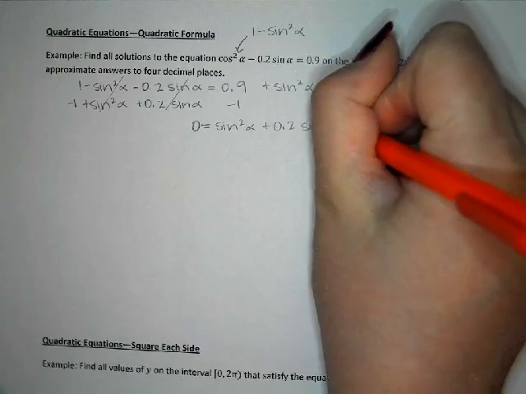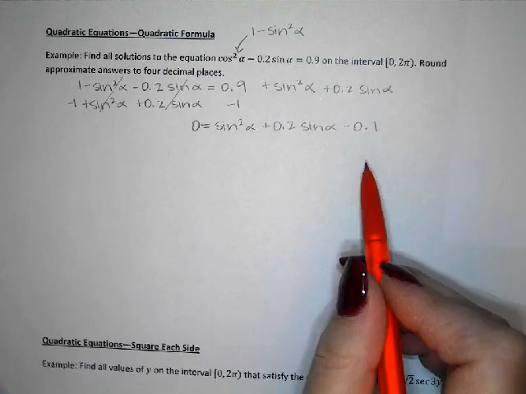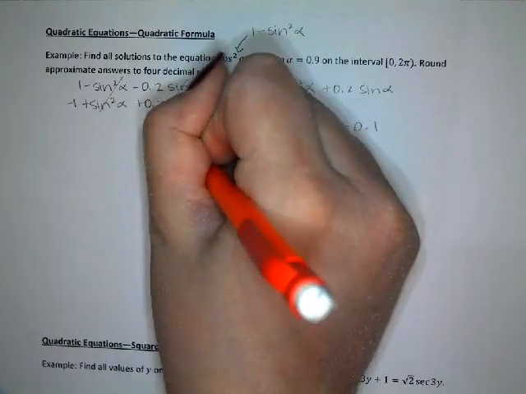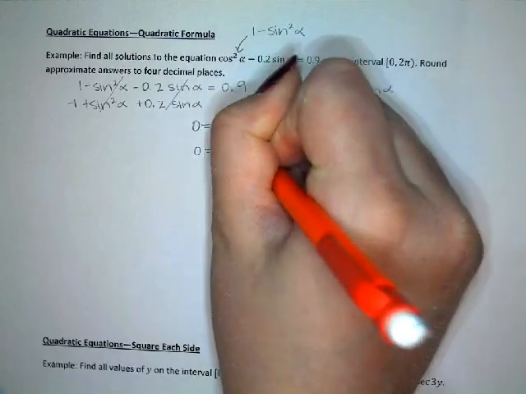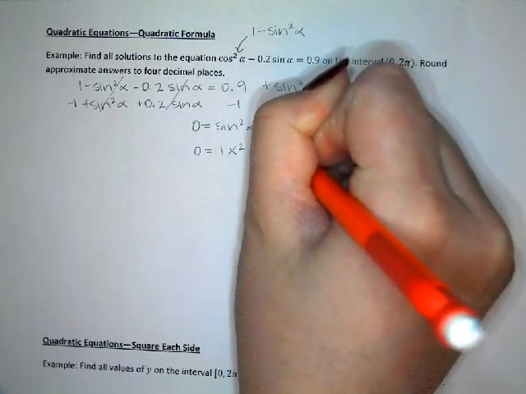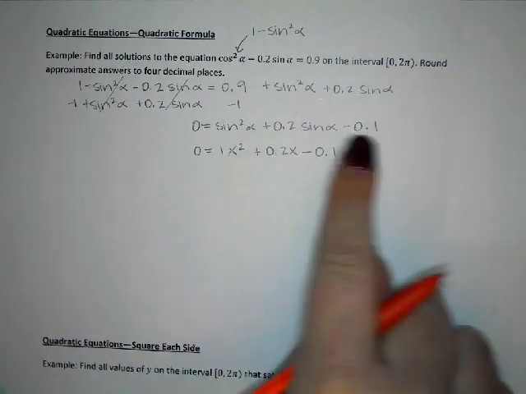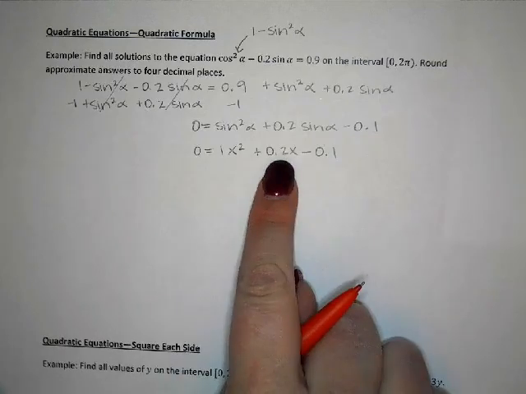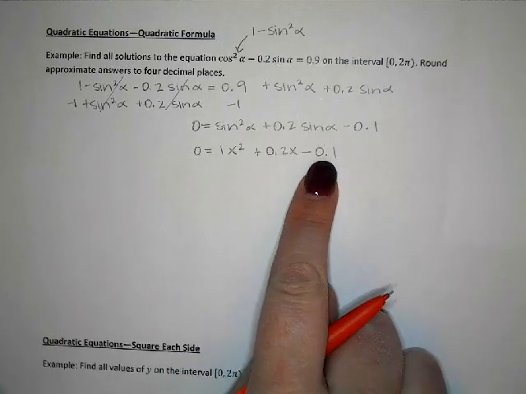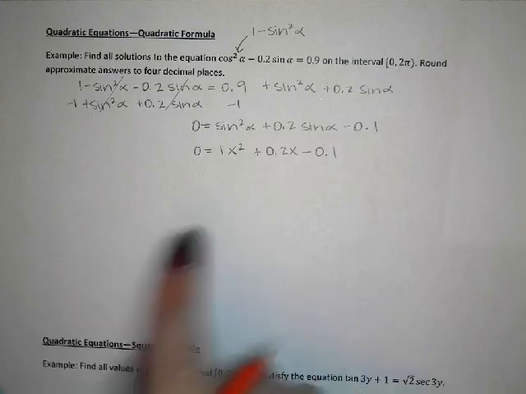And so what I'm really working with here is a quadratic equation that is 1x squared plus 0.2x minus 0.1. This is what I actually have when I look at this. And you could possibly solve that by factoring, but you'd be looking at what multiplies to 1/10 and what adds to 2/10, and thinking in terms of fractions is often a little bit more difficult. So in this case, I would just do the quadratic formula.